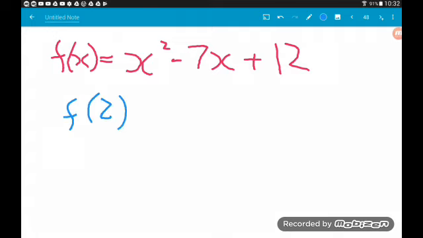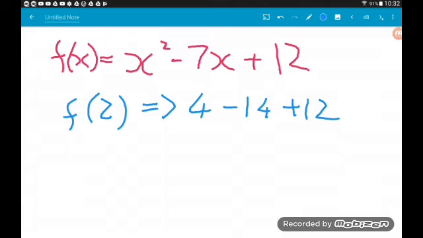So we're substituting in x equals 2. Now this would give us 2 squared, which is 4, minus 7 times 2, minus 14, plus 12. So 4 minus 14 is minus 10, plus 12 gives us 2.